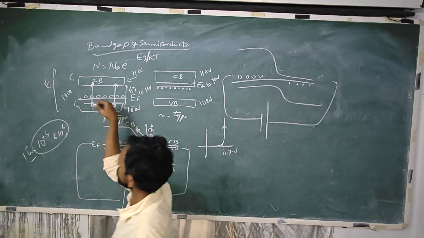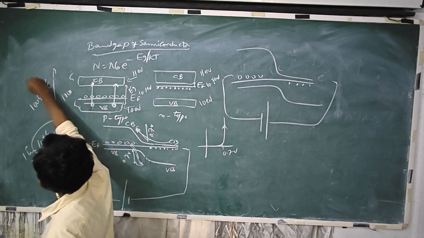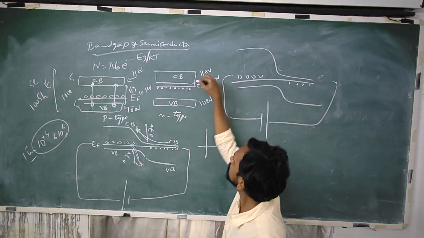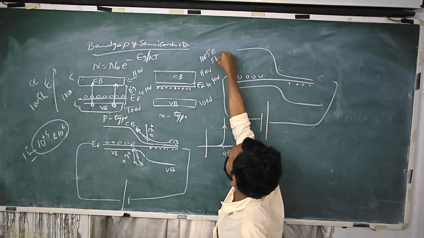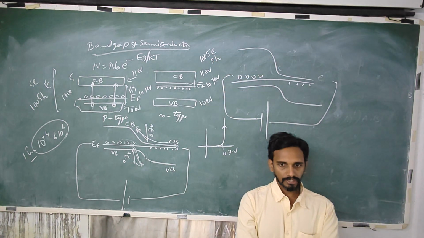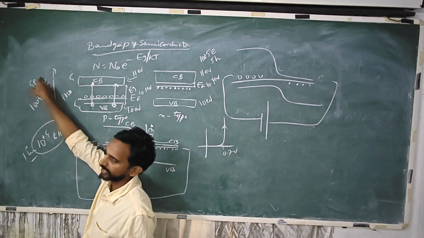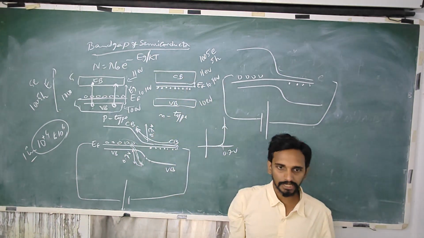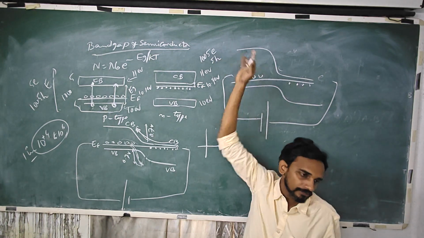So on p side in total you have, let's say, 1005 holes and 5 electrons, and on n side 1005 electrons and 5 holes. Okay, so count wise, on p side you have electrons as the minority carriers, and on n side holes are the minority carriers. Here electrons are the majority carriers, 1005.